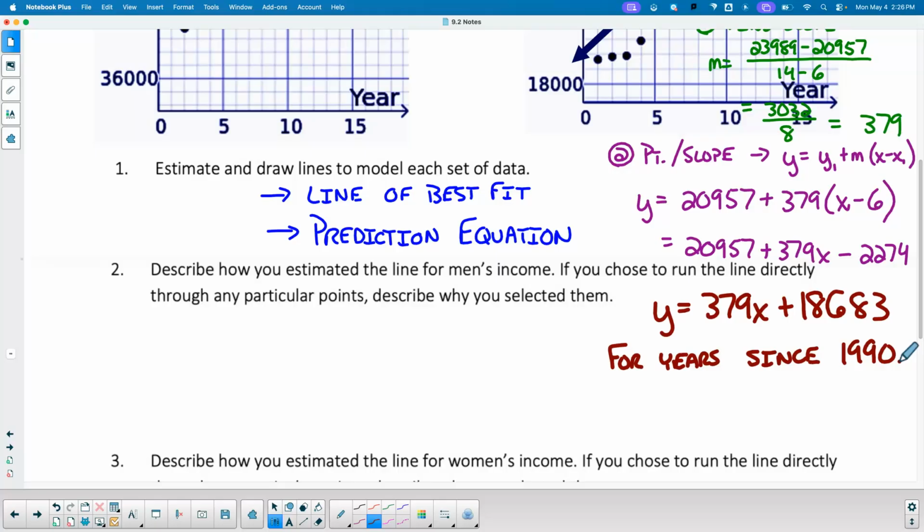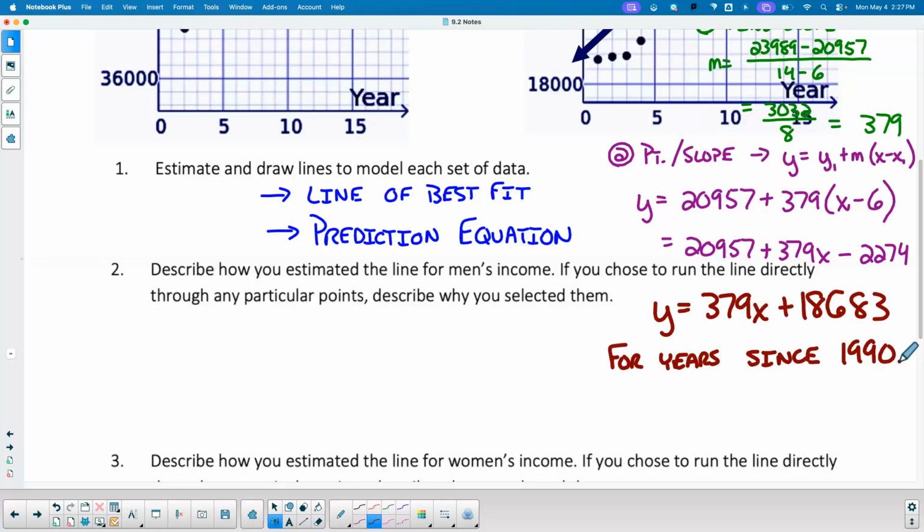And you have to say that, because I cannot put in 2026 and figure out what the median income in this current year is for women. What would I put in to figure that out? No, that's what I just said we can't do.